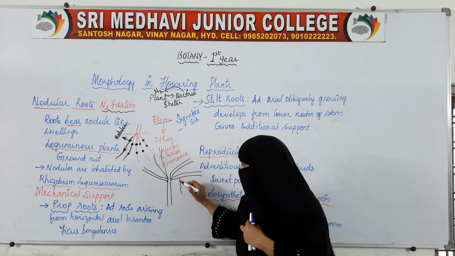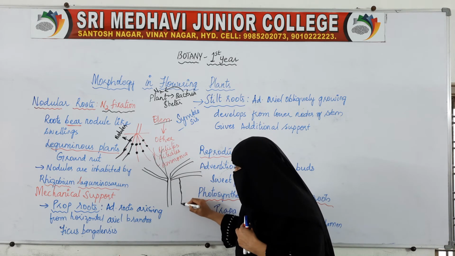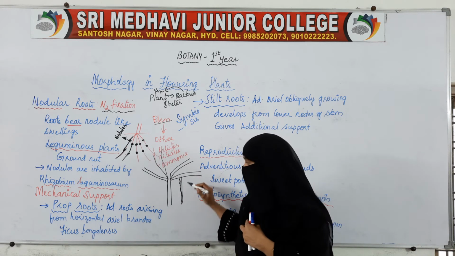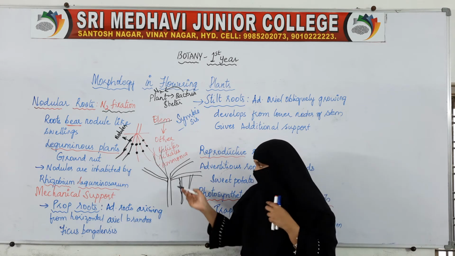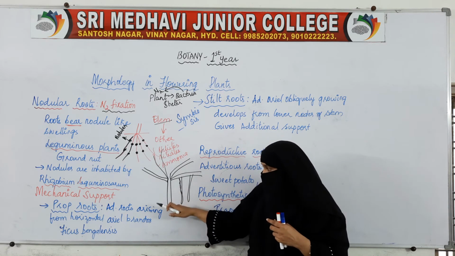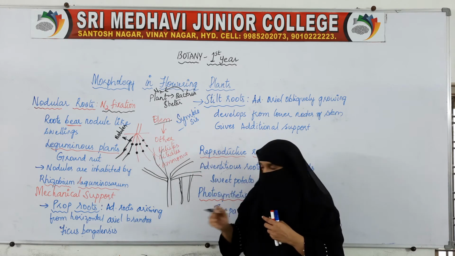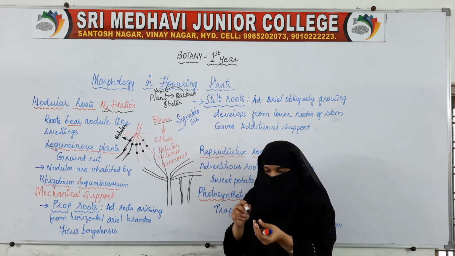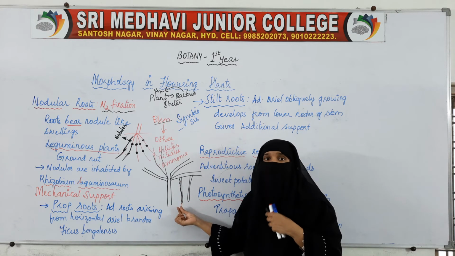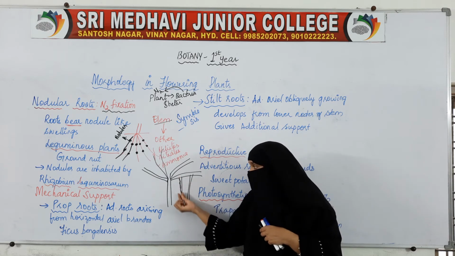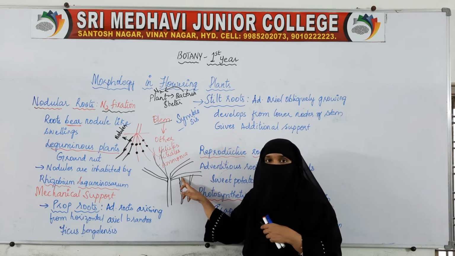From the branches will arise brown hanging structures on the aerial branches. The branches will be aerial, that is, above the ground. From the branches we see some roots which will be hanging from the branches.